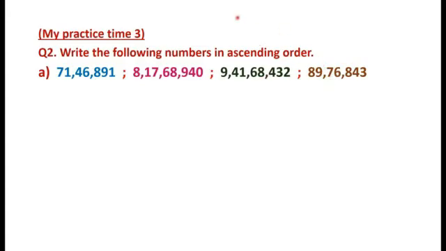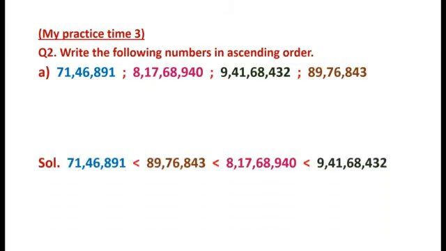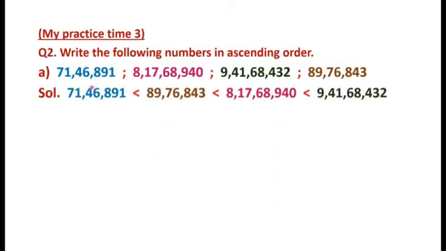The numbers with 7 digits are the smaller numbers. So we compare the first and the last one. Here it is 7 and here it is 8. So we find that the smallest number is 71,46,891, and then comes the second number which has 7 digits, that is 89,76,843.